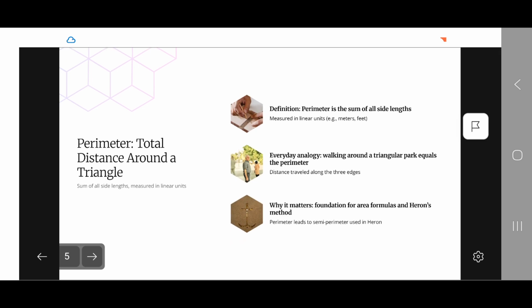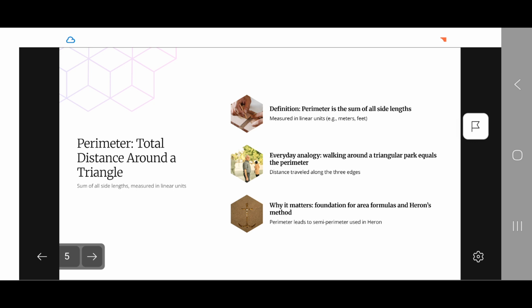Okay. So, the perimeter. One moment. Okay. So, perimeter is the total distance around a triangle.